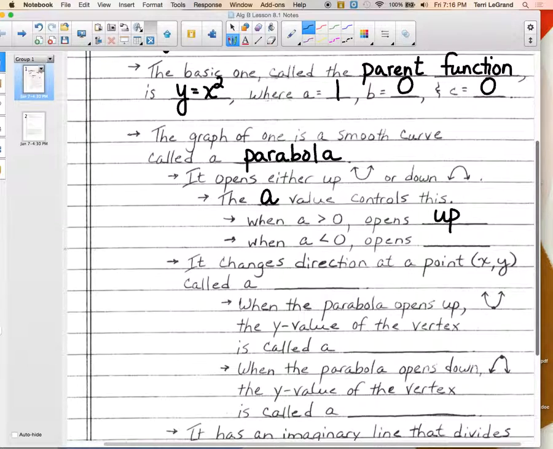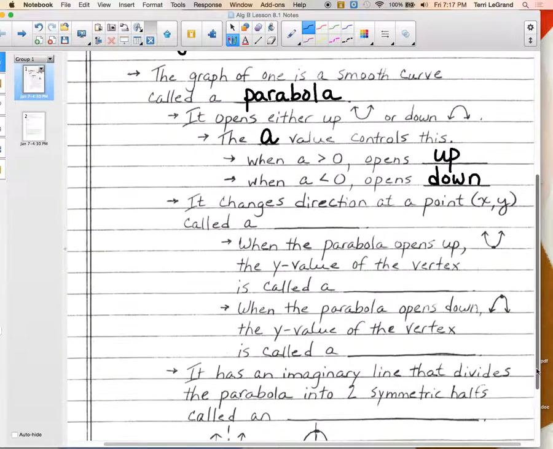When a is less than 0, what numbers are less than 0? The negative ones. So when a is negative, it's going to open down. So when you have a negative number of x squareds, you can count on the parabola being an upside down U, one that is opening down.